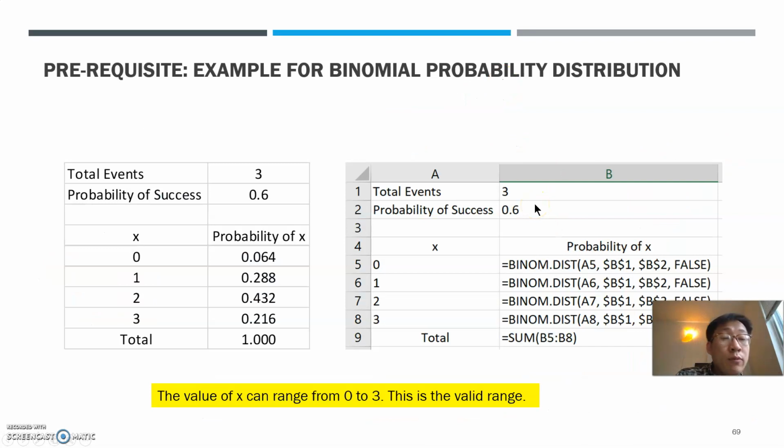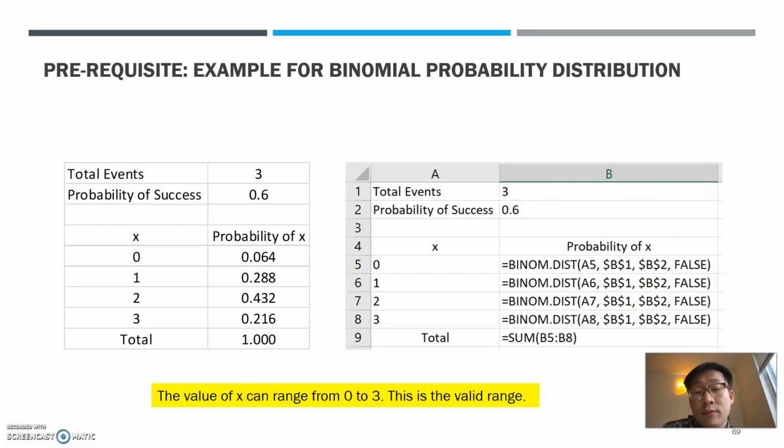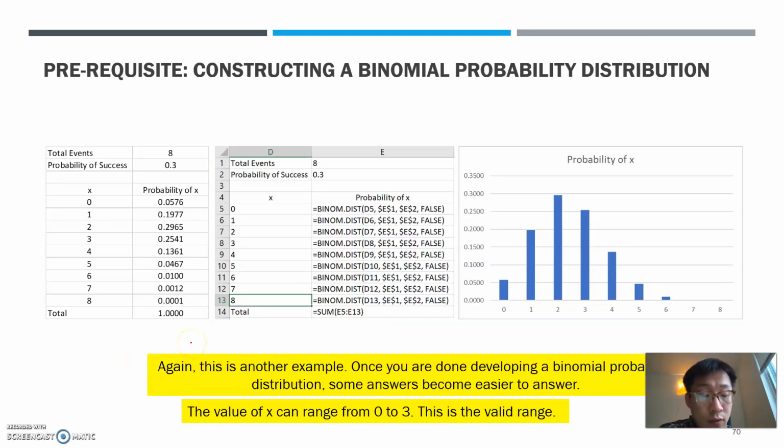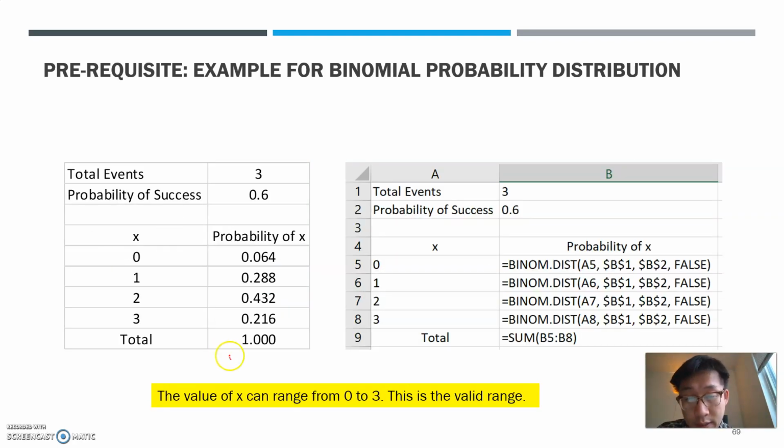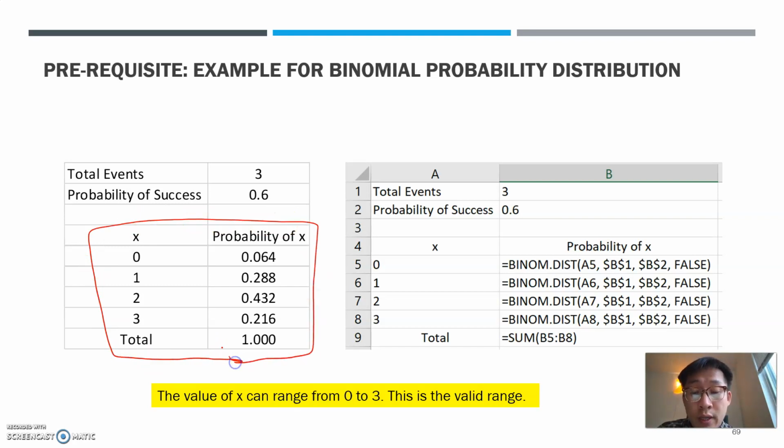To make this even more useful, we can construct a table like this. What is this? I am enumerating all the possible probabilities here.